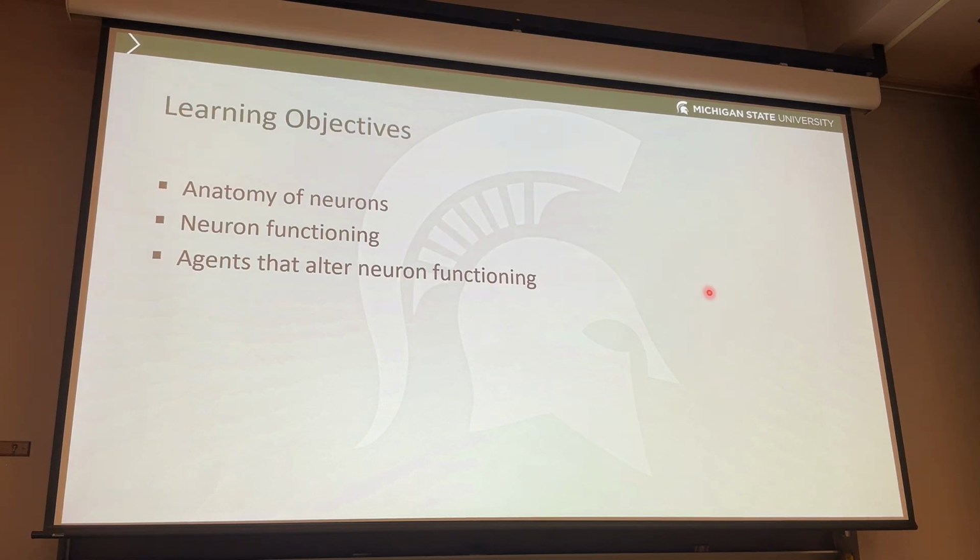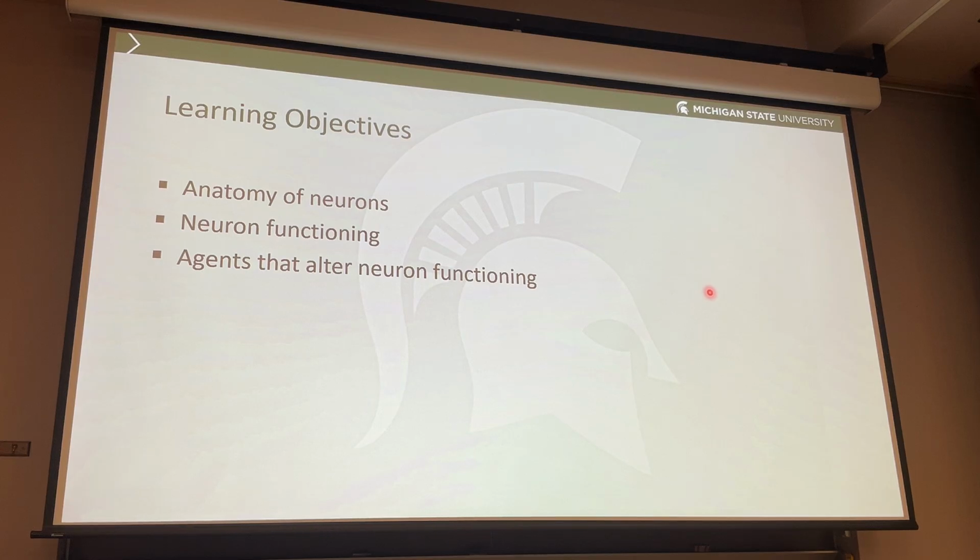So as I said, synaptic transmission, we're going to focus a bit on the anatomy of neurons, and talk about how those neurons function and why it's important to what we're studying. At the end of the lecture, we'll go over agents that alter neuron functioning, which will be important when we're talking about experimentation with the drugs.